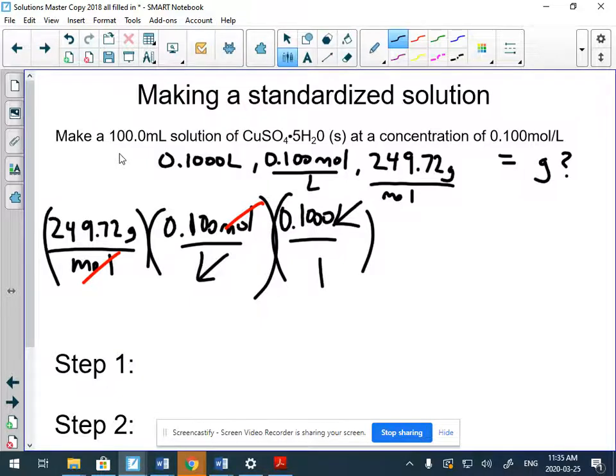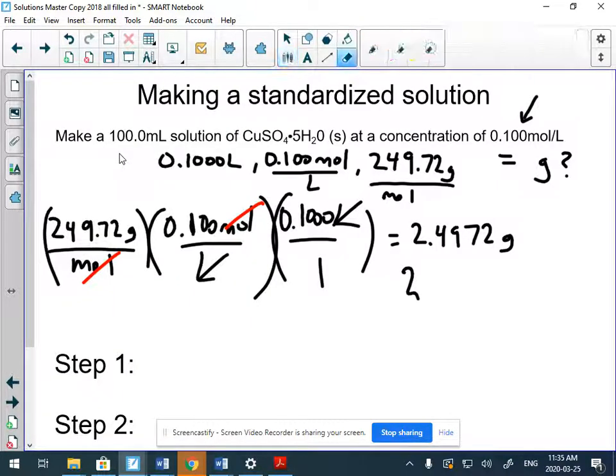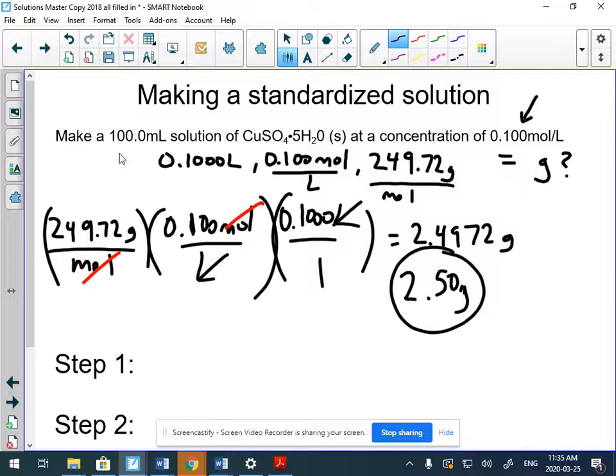So when I multiply that out, I get 2.4972. We need to round that to 3 sig figs, because 3 sig figs is our least accurate value. So this is 2.50 grams. All right, so that's the mass of copper sulfate that we have to weigh to make this solution.